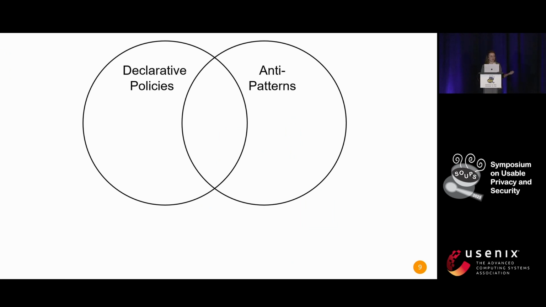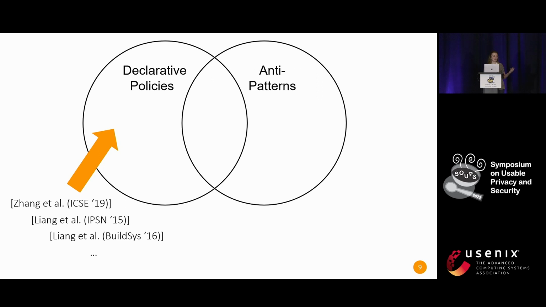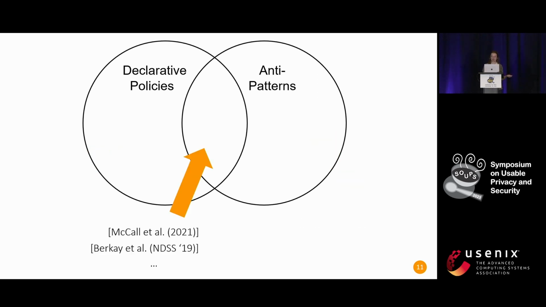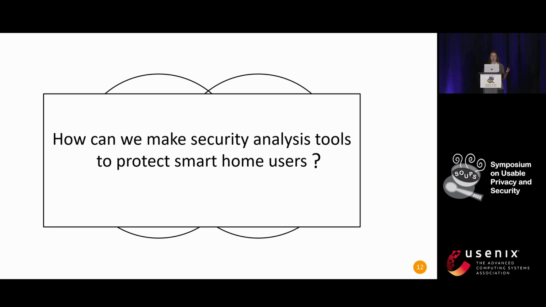And while there's been significant development in the space, both for tools checking declarative policies or looking for anti-patterns or doing some combination of the two, most of the work in this space has been from the formal methods side, looking at how we can build tools to protect smart home users. And we too have developed plenty of tools in this space.